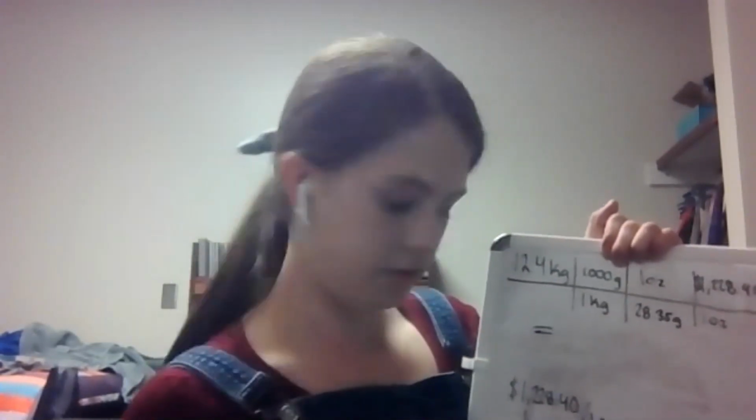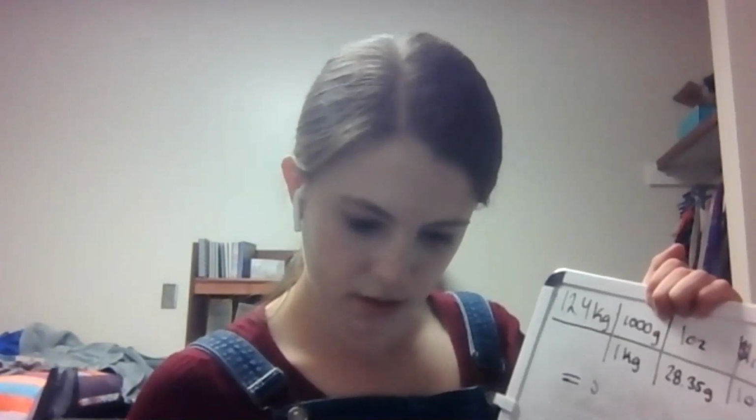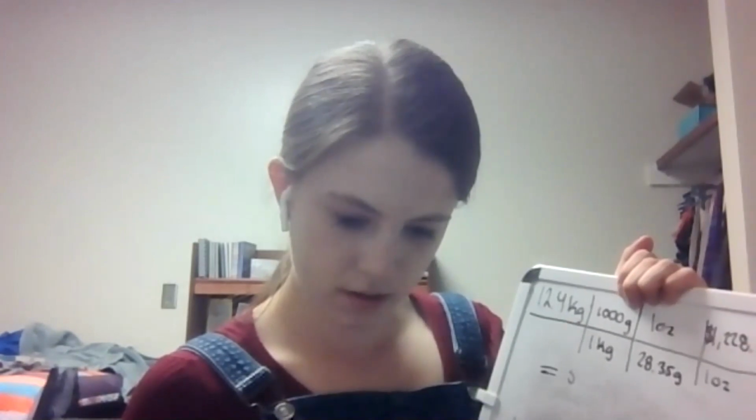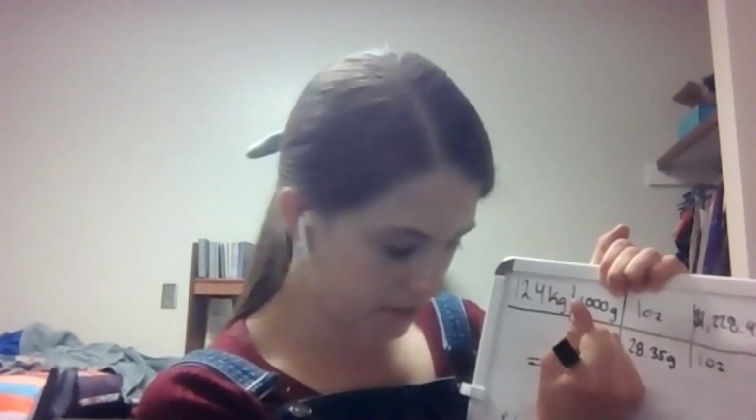So 12.4 times 1,000 divided by 28.35 times 1,228.4 equals, let me write this down.